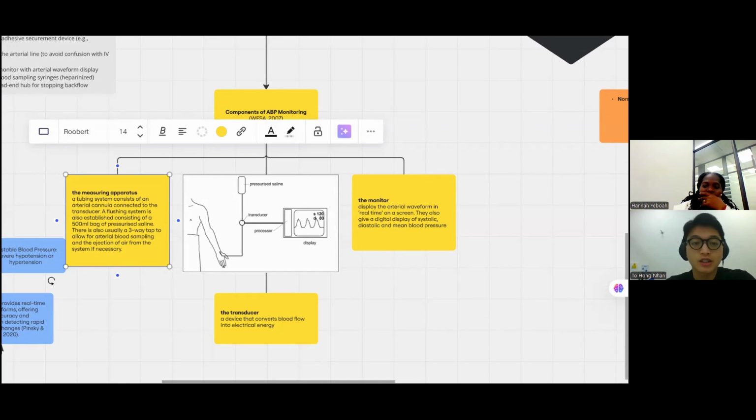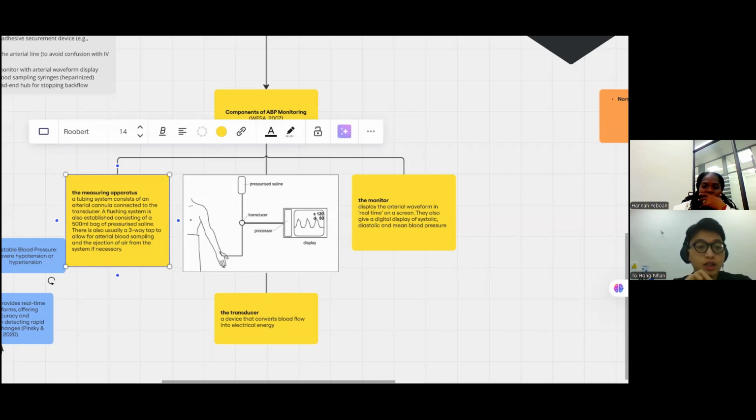Sounds very fancy, right? So it's basically just a tubing system that on one end is connected to the person's artery, and the other end is connected to the transducer. The tubing system is also established with a flushing system, as Hannah mentioned, to prevent blood flow from entering the system during the performance.